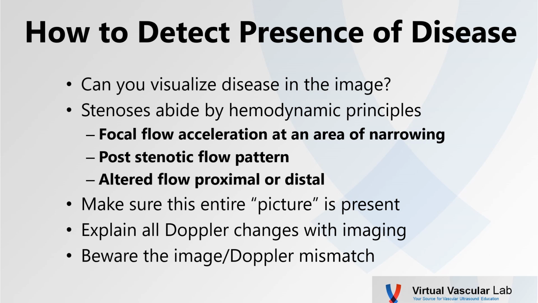Is there post-stenotic flow pattern? We may get altered flow proximal and/or distal depending on the severity. Make sure this entire picture is present. We want to always explain all Doppler changes with imaging, otherwise they become suspect. Beware the image Doppler mismatch. If they're not all telling you the same thing, something's probably missing.